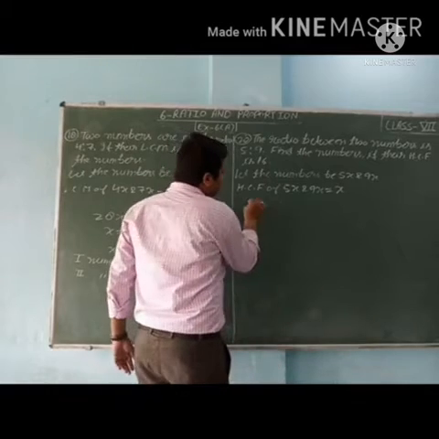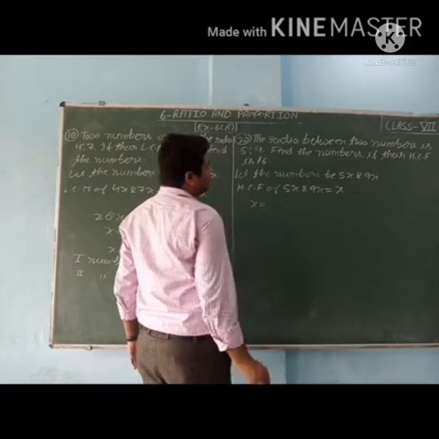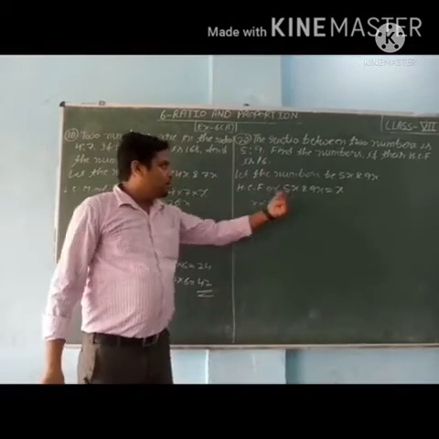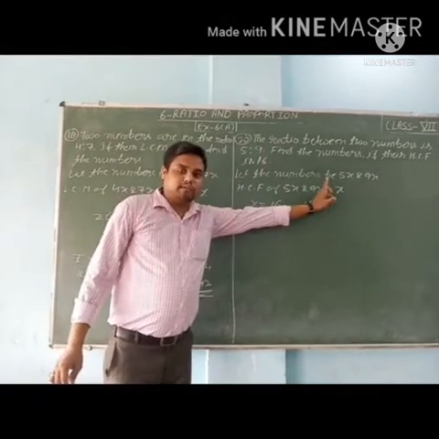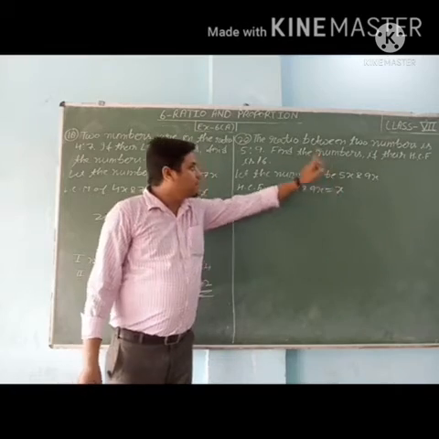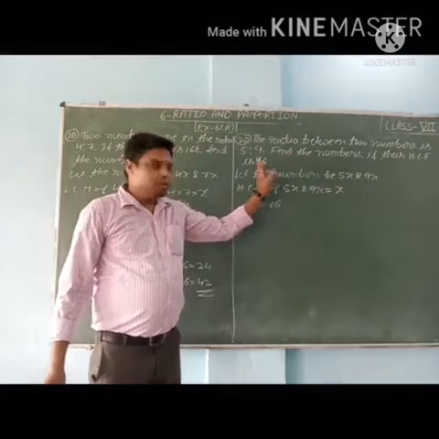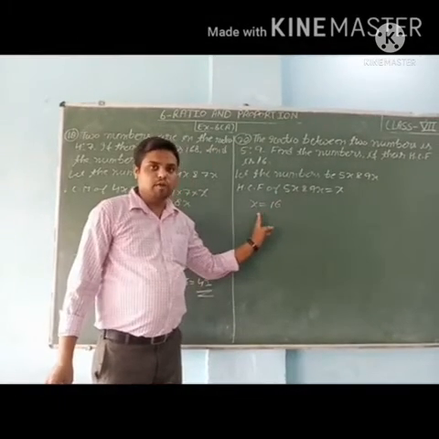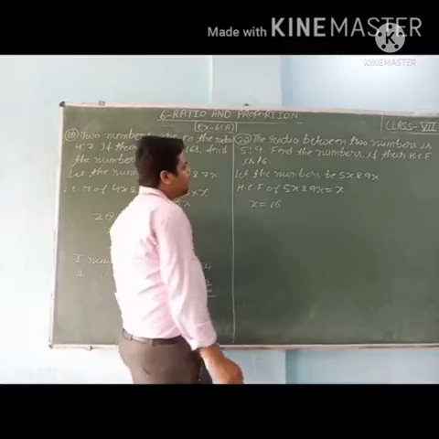So according to the question, what is given? HCF is x. In the question it is also given 16. So HCF is equal, x is equal to 16. It is the value of x. We have to find the numbers.